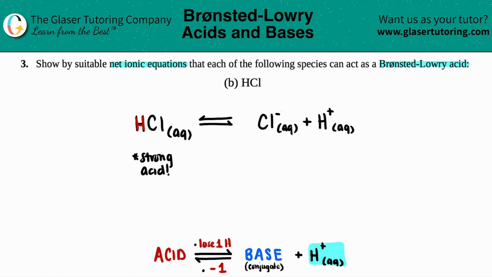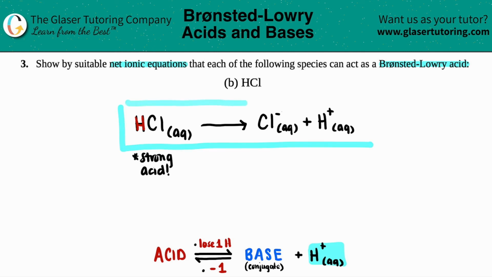It will dissociate 100%, meaning that there will basically be none more of this. And the arrow would be just a general yield, because you shouldn't really be having this at the end. It will all be, majoritively, just your ions. And now we are done with the problem. And this is your balanced equation, your net ionic equation.